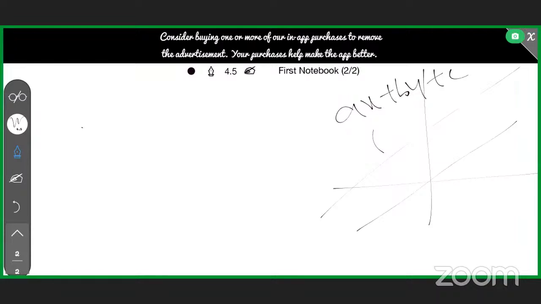That line equation is given by AX plus BY is equal to 0. This is the line equation of a line parallel to AX plus BY plus C is equal to 0, but passing through the origin.